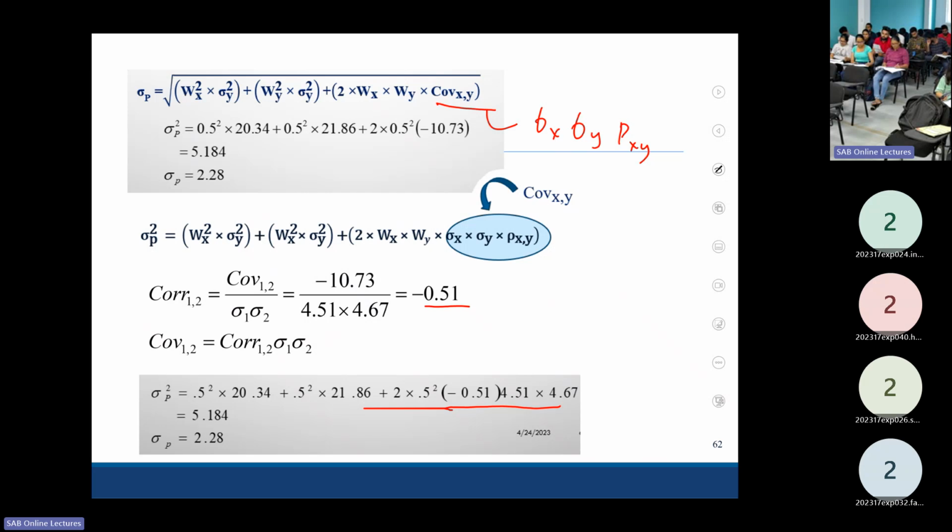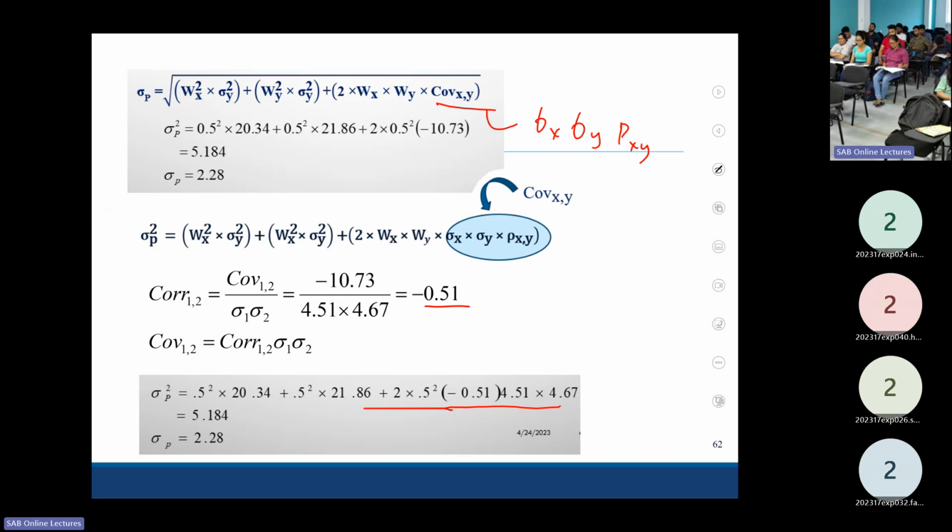Right. So now we have calculated portfolio risk and portfolio expected return. Now you have to determine, rather than invest in X and Y separately, if you construct a portfolio using X and Y, you have a diversification advantage.